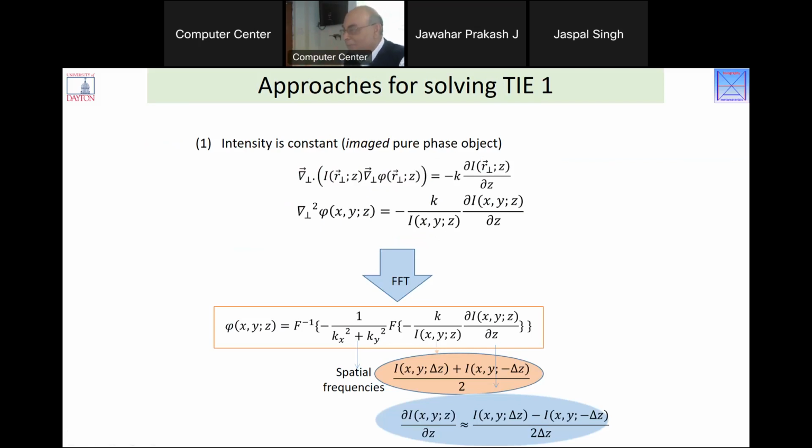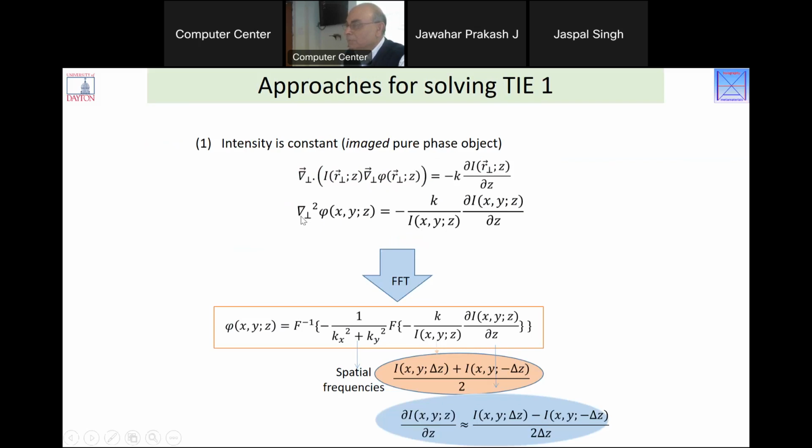And it works. But the most important thing is that for an imaged phase object, at least at the image plane, this intensity will be a constant, and it should not have that strong a dependence on x and y. Let's assume that's the case. Then how do you solve this equation? These are called Poisson-type equations. The quickest way to solve this is by using the Fourier transform.